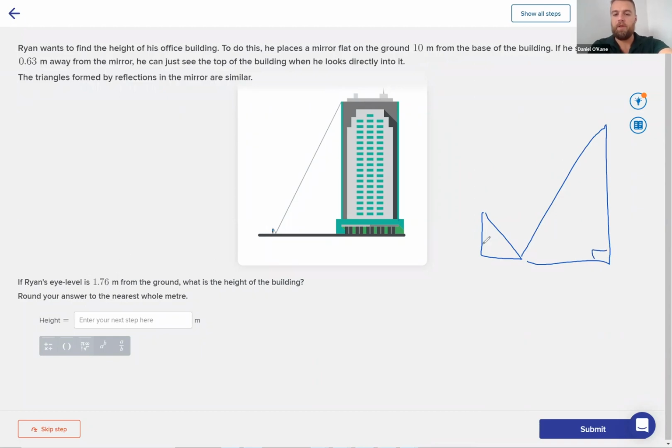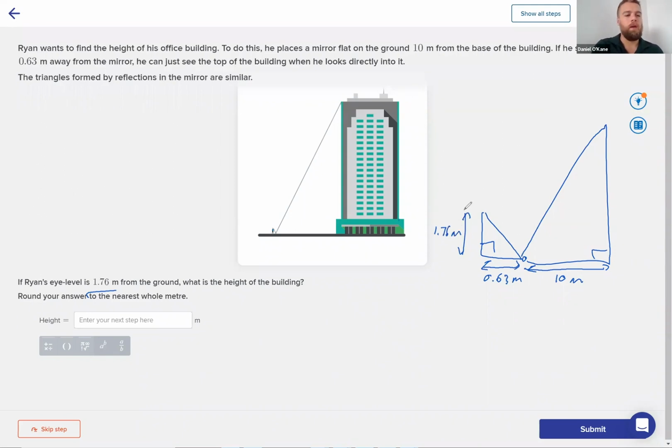Okay, and so it's obviously not to scale, but how Ryan has set this up is that we explained that the mirror is 10 meters away from the base of the building, and that he is standing 0.63 meters away from the mirror. And we know his eyesight is 1.76 meters from the ground.